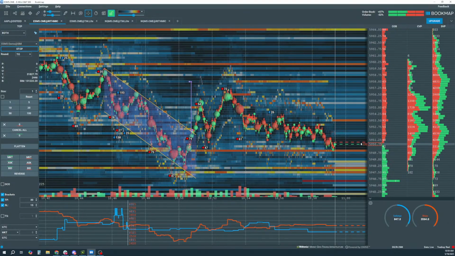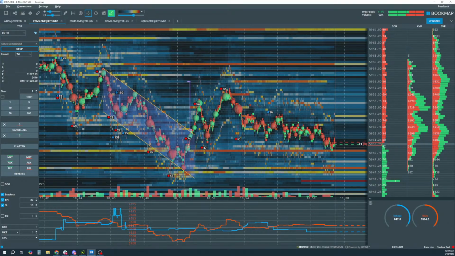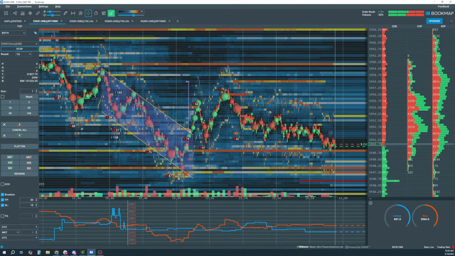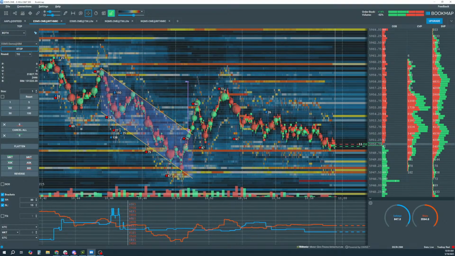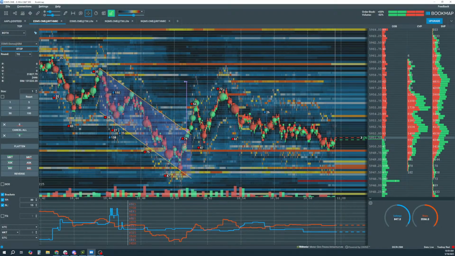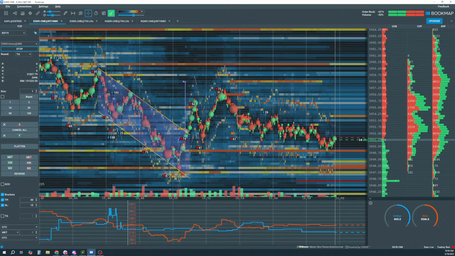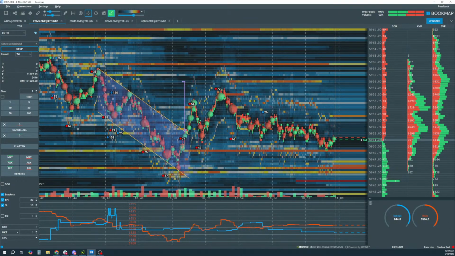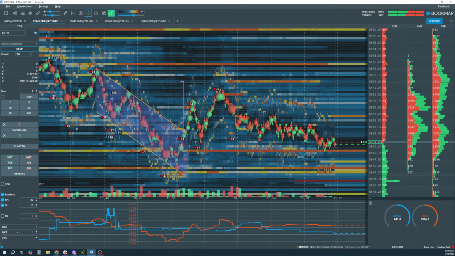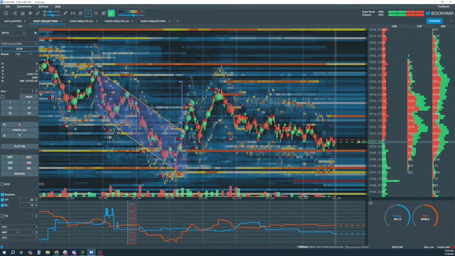Okay, forward test it though only in demo first, and then once you've got maybe some of the trade management down with it, now you can start to forward test it with micros, and then you can get into minis. Once you've got it down and you know what you're looking for and it's working, and you're managing the risk properly, once you've built that playbook, you're going to start scaling it.